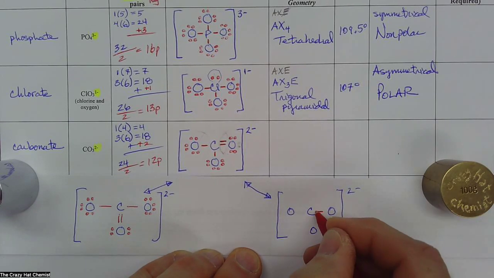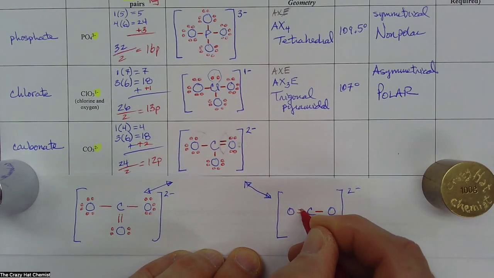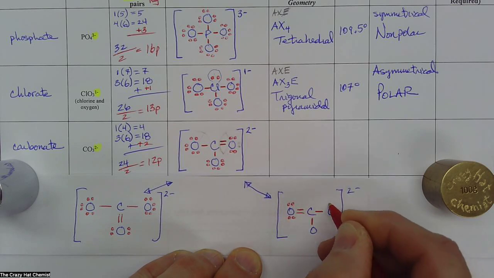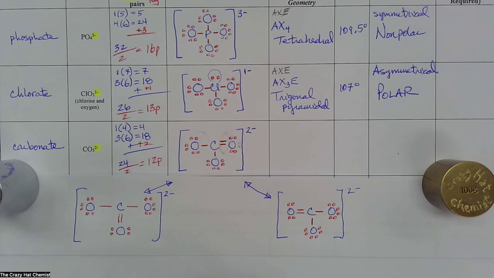And here I'm going to do a single bond, and here will be a double bond. When it's a double bonded oxygen, it will have 2 sets of lone pairs, so it has an octet. And the single bonded oxygens will have 3 sets of lone pairs so that they have an octet. The octet is absolutely critical. So there are 3 possibilities for carbonate.